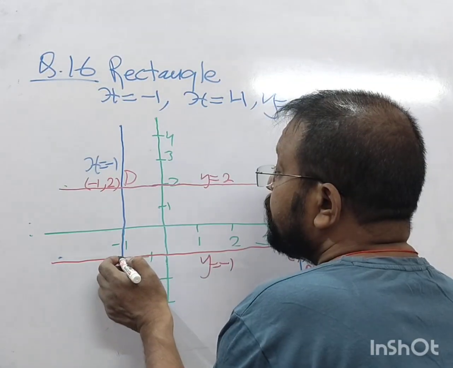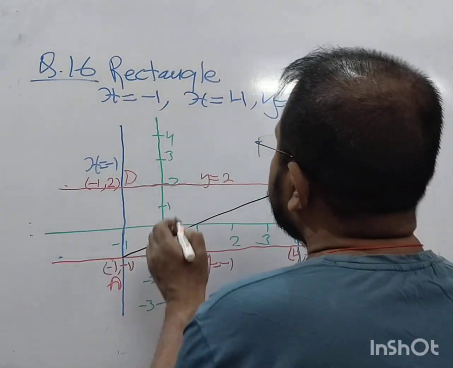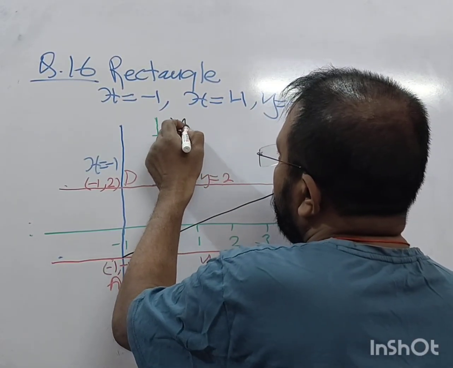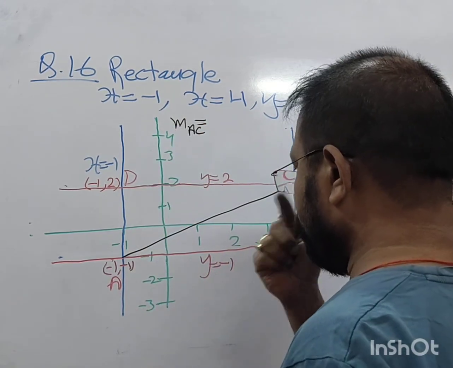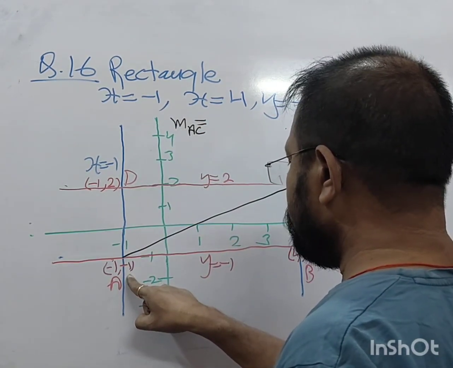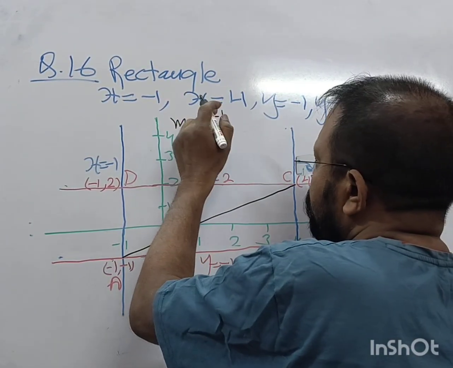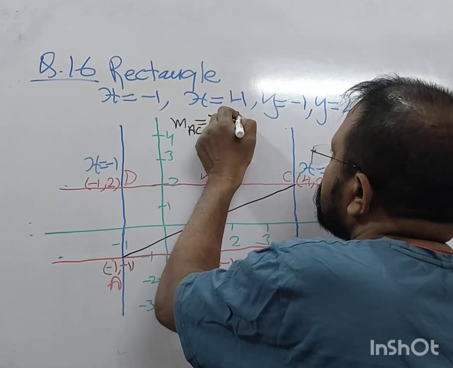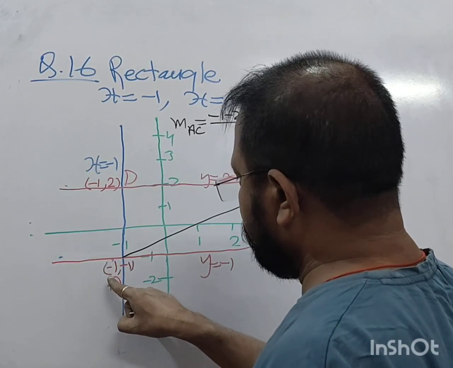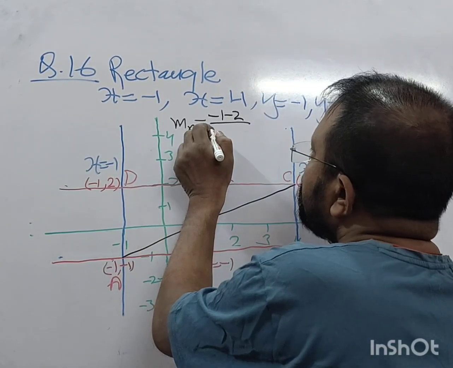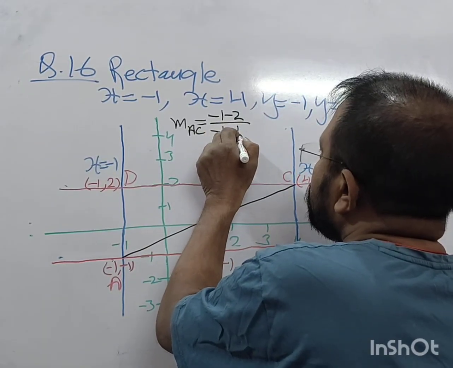If we take this diagonal AC, the slope m of AC is y2 minus y1, minus 2 minus 1, upon x2 minus x1, which is -1 minus 4.